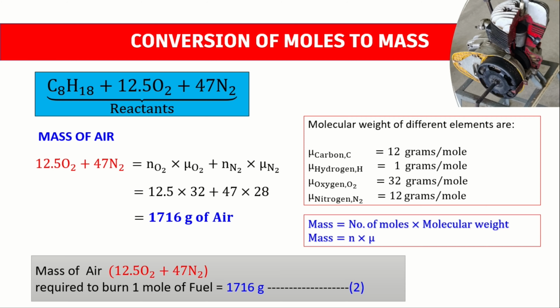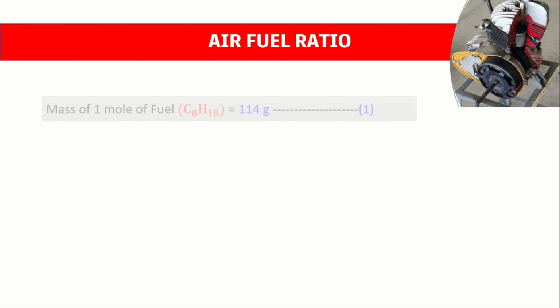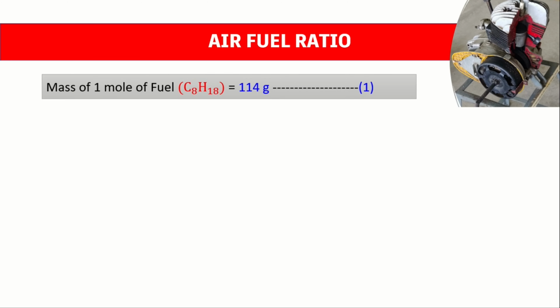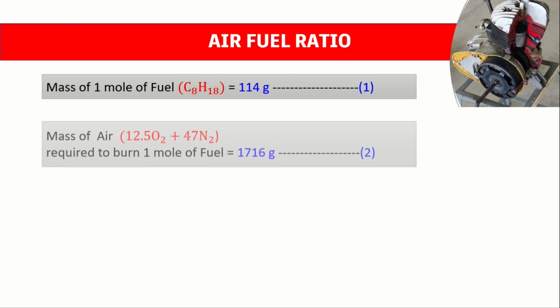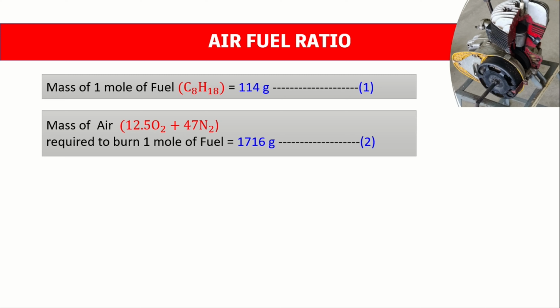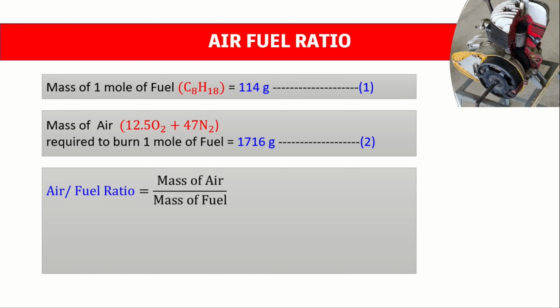Now we have found the mass of fuel and the mass of air. The mass of 1 mole of fuel C8H18 is 114 grams. The mass of air is 1716 grams. Now, air fuel ratio is equal to mass of air by mass of fuel.